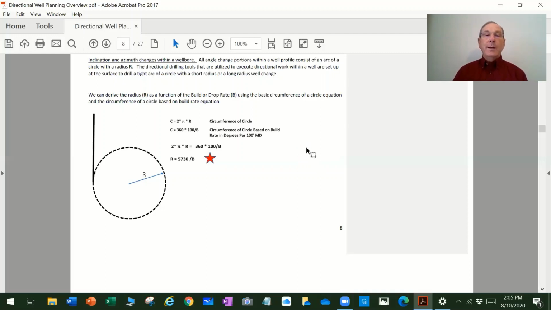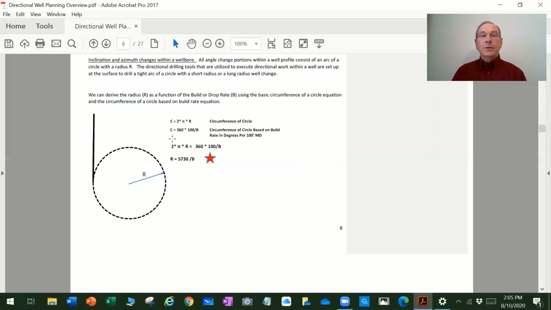So we learned in high school that the circumference of a circle is 2 pi r. So we know that's a true statement. And if we happen to drill a well down into the earth and we wanted to drill an entire circle, of course, an entire circle would be 360 degrees.